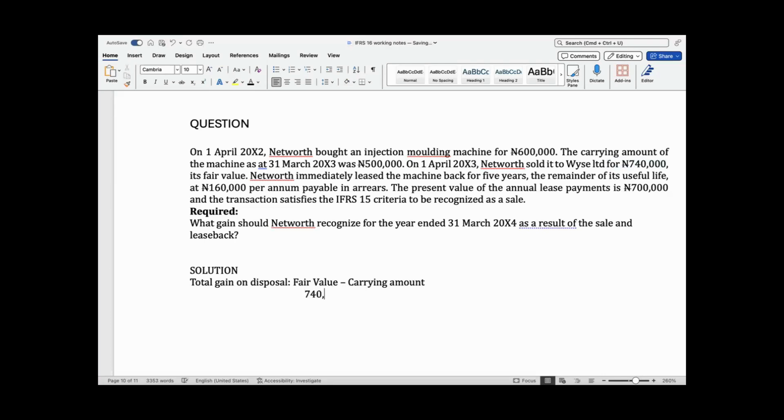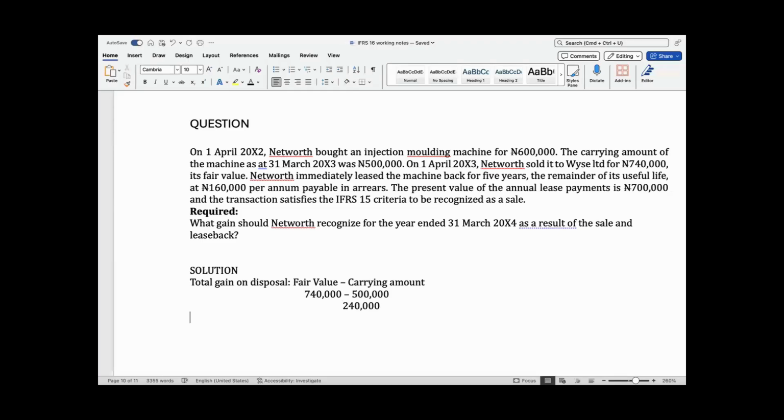So we have 740. How was the book value of these assets? That's 500. The difference is the total gain. Now, since he leased this asset back, he cannot recognize this total gain to P&L.